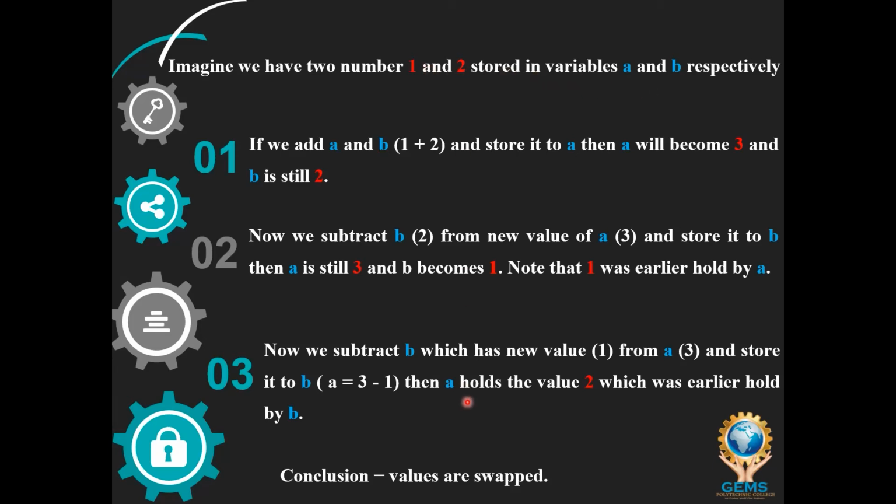So in the third step, A is now holding 2, which was earlier held by B. So by these 3 steps, first, second, third, we understood that without using a third variable our values will be swapped. That is the conclusion. I hope it's clear for you, my dear students.